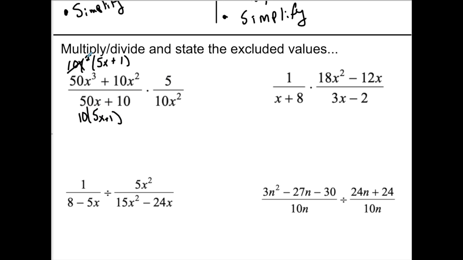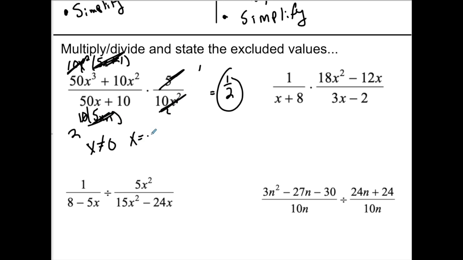So let's see what can cancel. This 10x squared and this 10x squared, this 5x plus 1 and this 5x plus 1, and then this 5 and this 10. So I end up with a half. And then the excluded values: x cannot be 0 because that will make this 0. x cannot be negative 1/5 because that will make this 0.